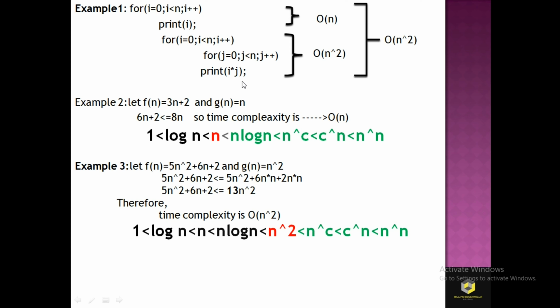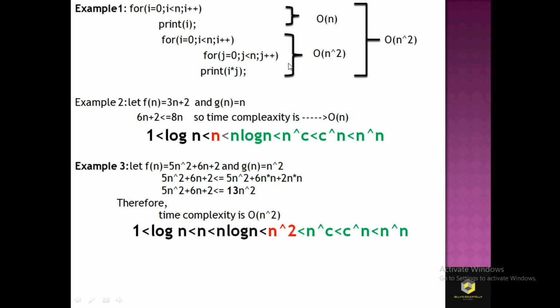So you think the time complexity would be order of 1, but this is big O notation, so we have to consider the upper bound. For printing these n values, we have time complexity of n, and for printing these n values, we have time complexity of n. So n into n, n square. So here we have the time complexity of big O of n square.